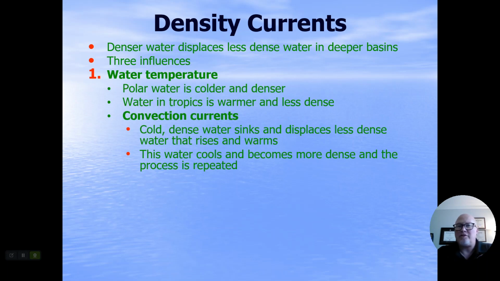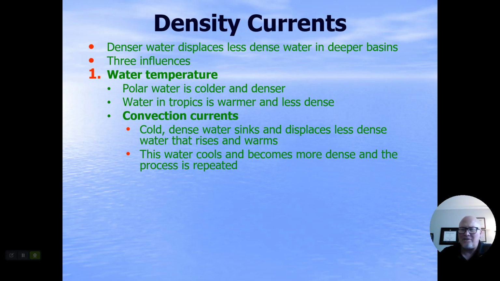Changes in temperature result in convection currents, and so when you have water that's extremely cold, it becomes more dense and drops. When water is heated up closer to the equator, it becomes less dense and it rises, and so you have this constant convection of water rising at the equator and dropping at the poles.